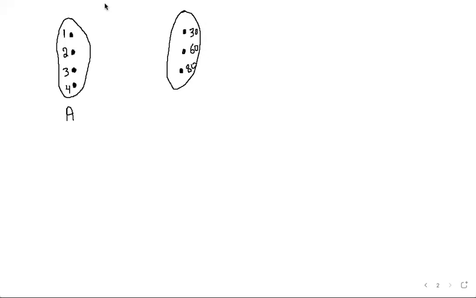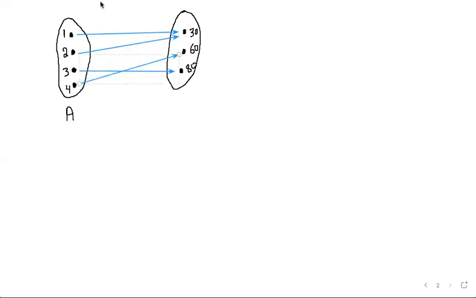So 1 goes to 30, 2 again goes to 30, 3 goes to, for example, 80, and 4 goes to 60.